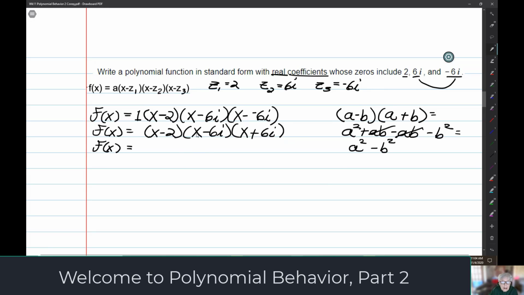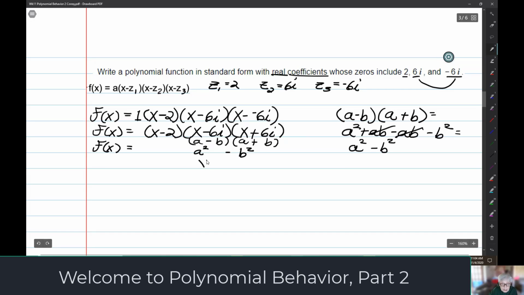Well, if you think of x as being a and 6i as being b, then you'll have a minus b times a plus b, and your answer is going to be a squared minus b squared.